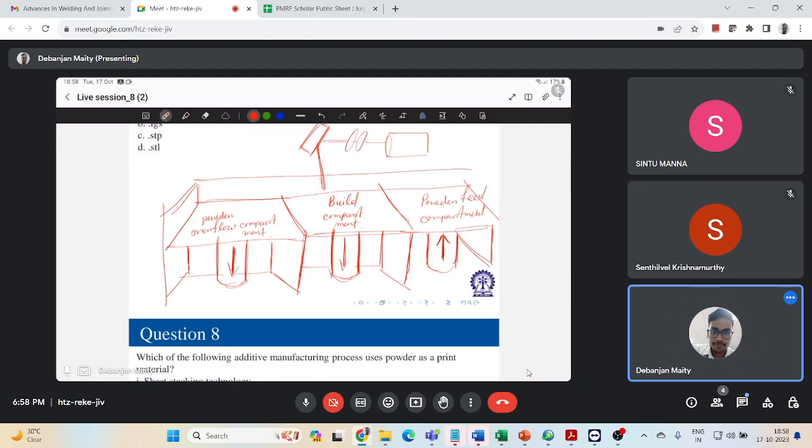Now, as stated over here, the basic components of a powder bed fusion system: an enclosed chamber with a heat source, either laser or electron beam. You will have a scanner, a powder bed, a metal supply bed, and, as I was mentioning, a recoater arm and usually an inert gas supply, right?